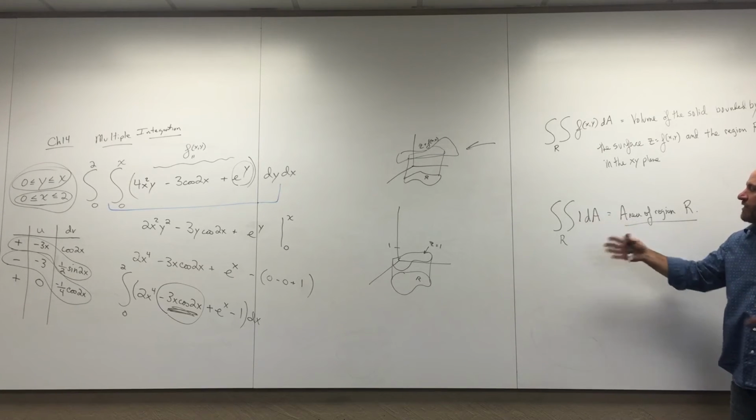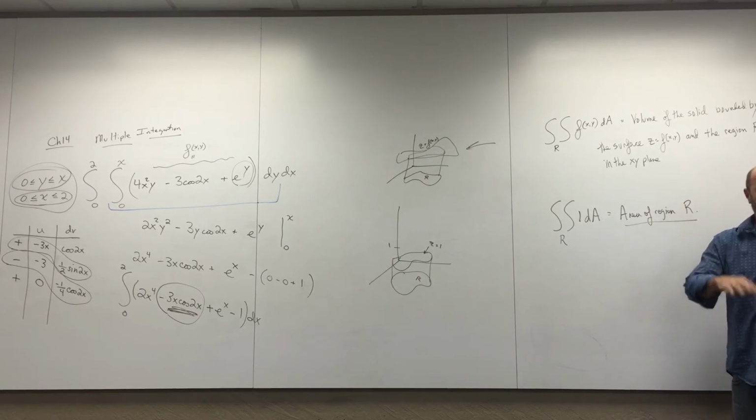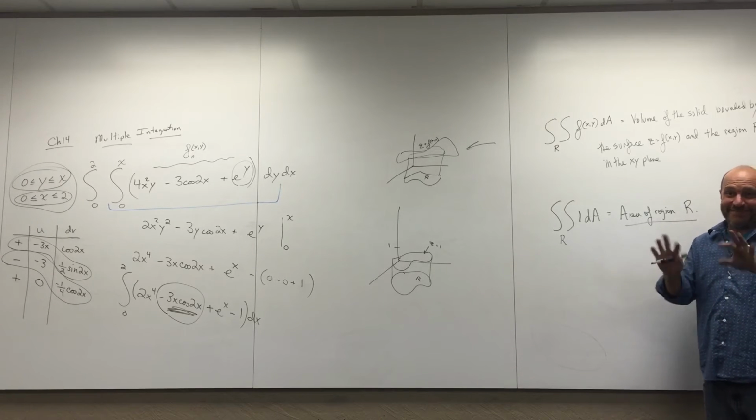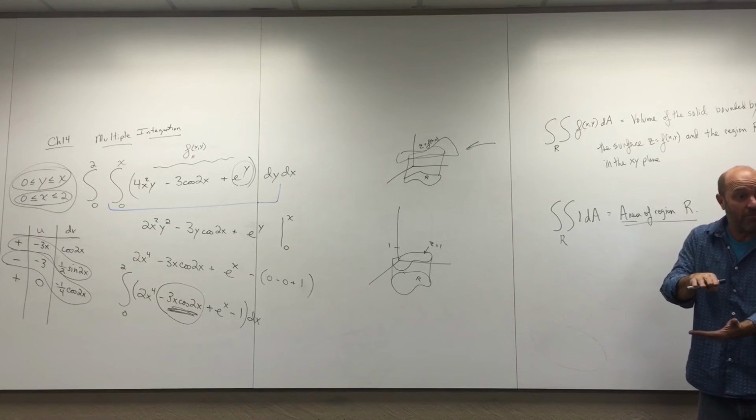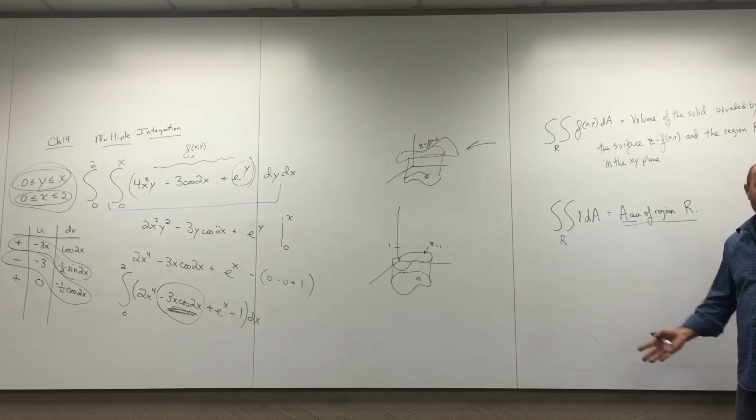Double integrals are volume. But they mess with me a little bit in 14.1. They tell me it's area, and I see their game now. It really is the volume of something with a height of 1, but we can interpret that as the area of the region. Numerically, it's the same.